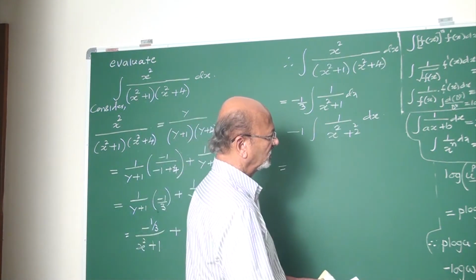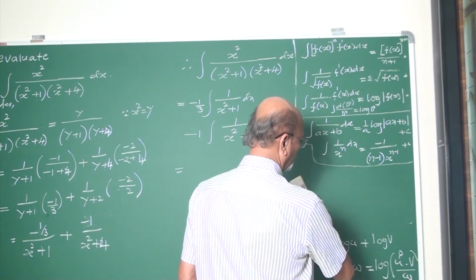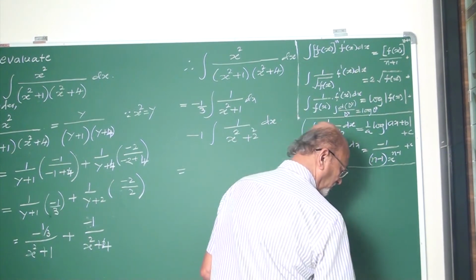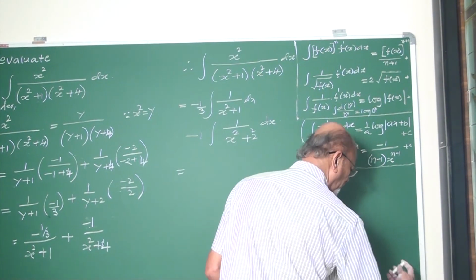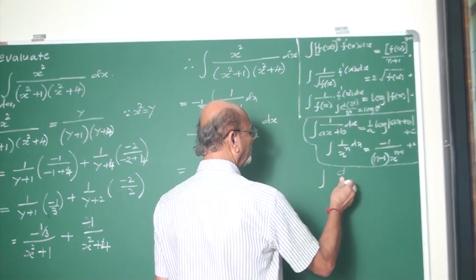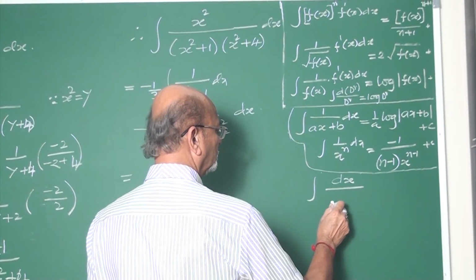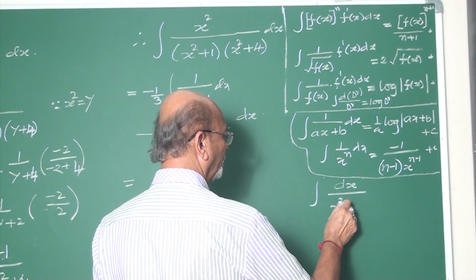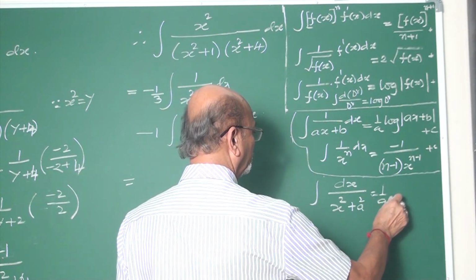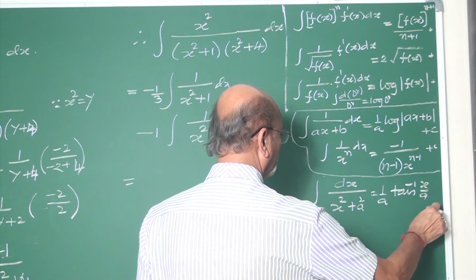Tell which formula? Integral dx upon x square plus a square, or a square plus x square, is 1 by a into tan inverse x by a plus c.